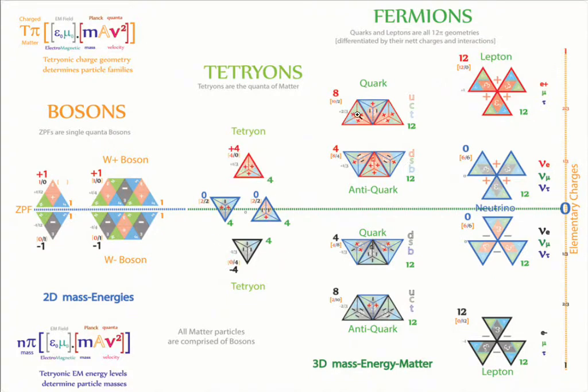Obviously, tetrions and quarks and leptons all form fermion or fermionic matter. Tetrionics calls them tetrionic matter because of the tetrions being the quanta of their matter geometries. But in all cases, the more or less neutralized charges, or charges that were neutralized within EM fields of mass energy, become specific net charged geometries for each and every particle within the universe. Every form of matter is a result of these tetrions coming together and interacting via the strong force.